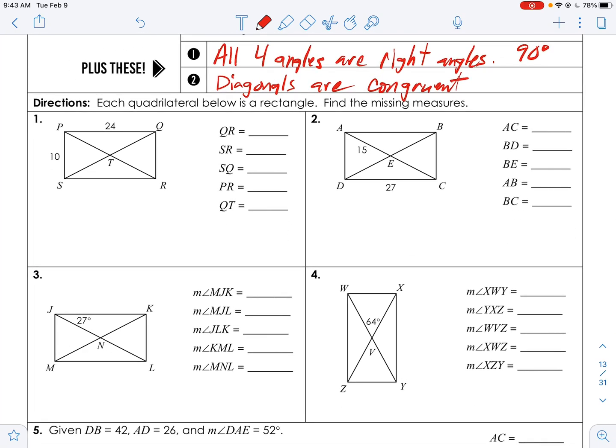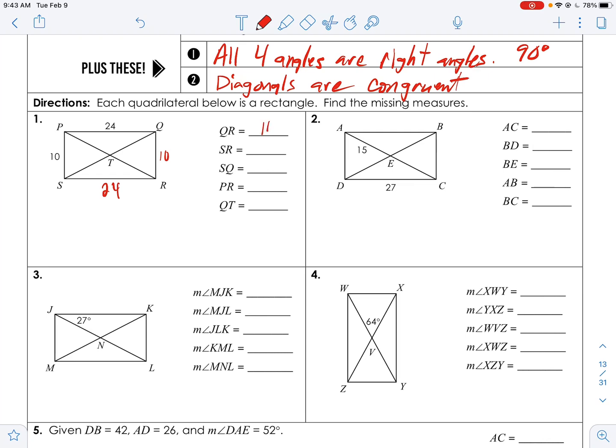Okay. Each quadrilateral below is a rectangle. Keep that in mind for the rest of this. Find the missing measures. So, we know that all the corners are 90 degrees, but this isn't even asking about corners. This is asking about sides. Well, this side is 24, and this side is 10.